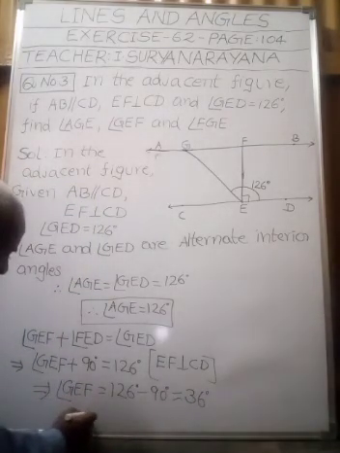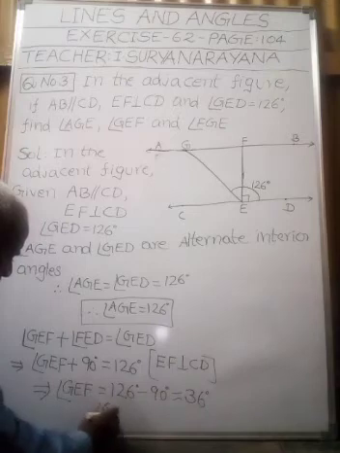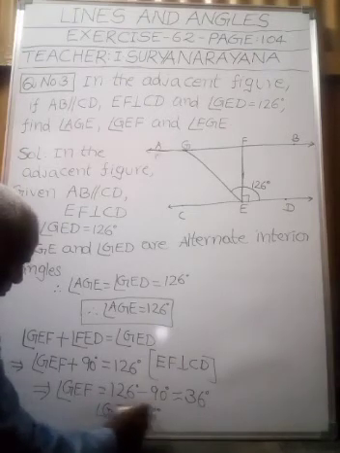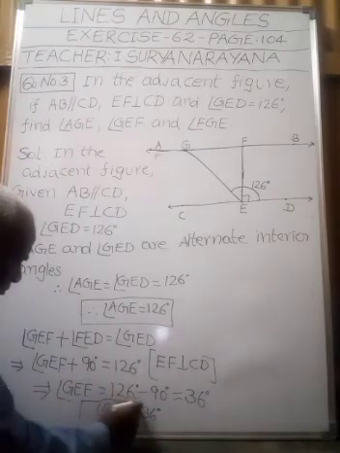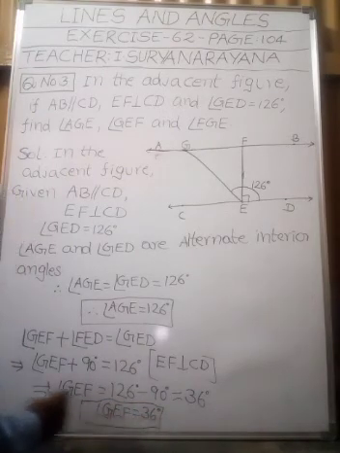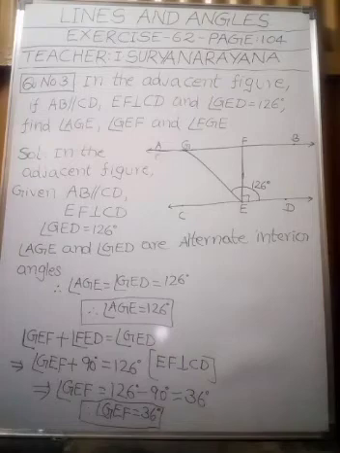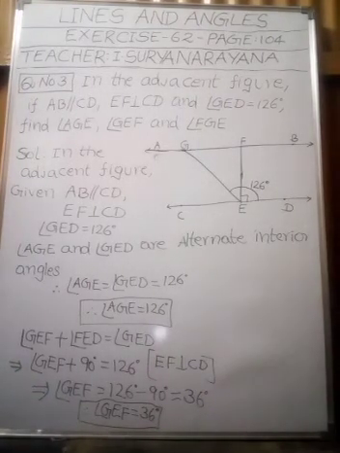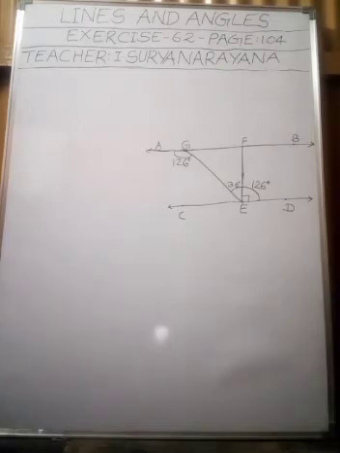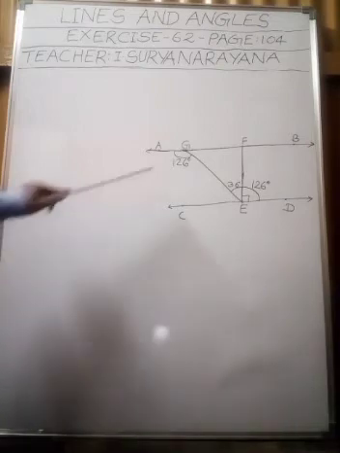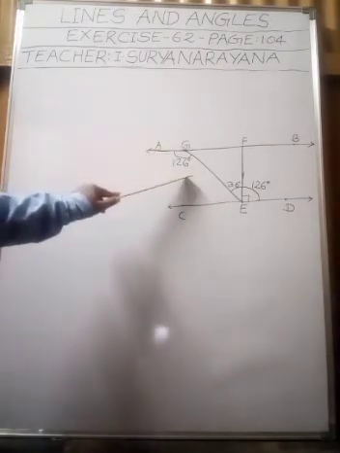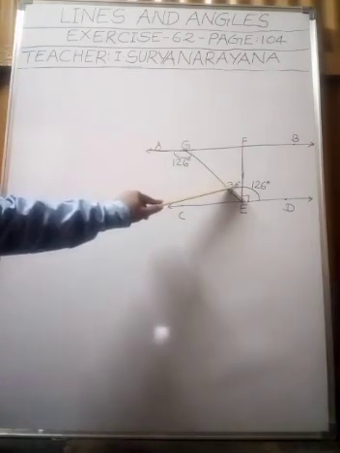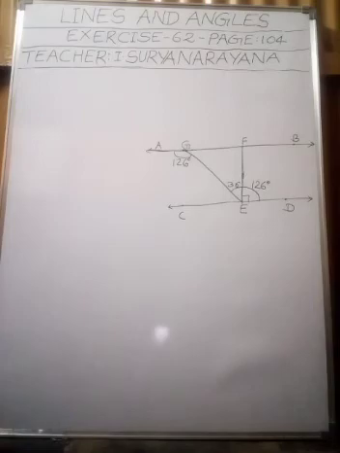Therefore, angle GEF is equal to 36 degrees. Understood, my dear children? Right. Now let us substitute the values in the figure. Angle AGE we found 126 degrees. Angle GEF, that is 36 degrees. Okay, my dear children? Right.